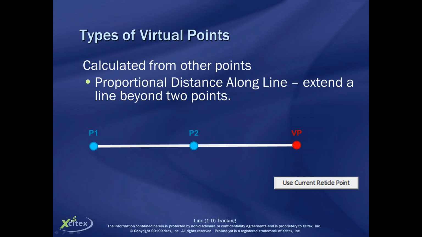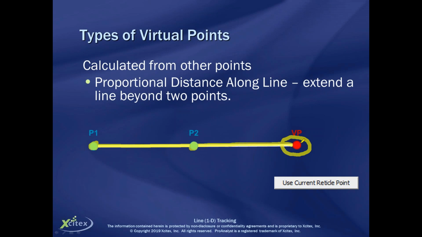The second type of point is a proportional distance along the line virtual point. It's very similar to the midpoint finder, but almost in reverse, where we have two initial points, and then we create an offset of one point along, again, this invisible line that exists here.